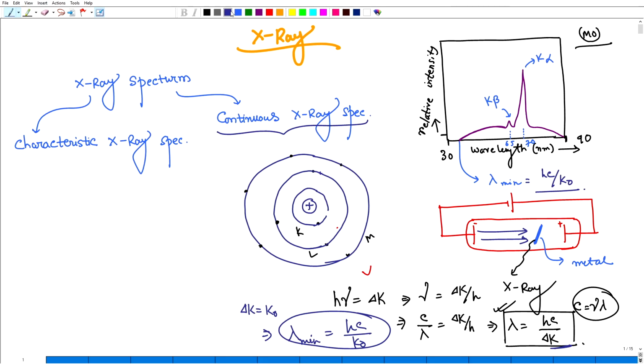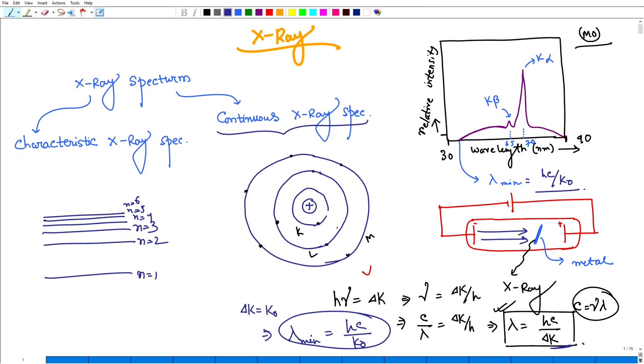Actually, from our discussion of Bohr's model, we know the atomic levels. This is n equals 1, n equals 2, and then these gaps are decreasing, getting closer, and this goes on.